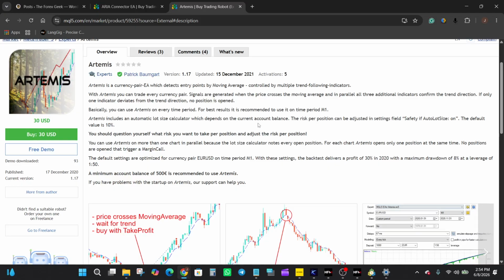The developer also notes that the default settings were optimized for Euro USD on the M1 time frame and mentions historical backtest performance figures based on those conditions, which we'll take a closer look at in a moment. Now let's move into the backtesting section and review how this behaves historically.